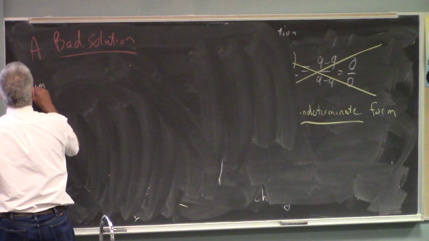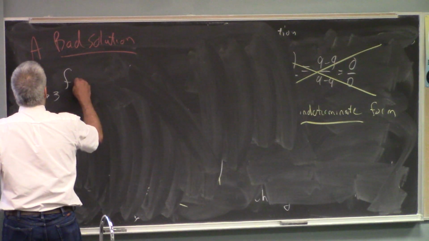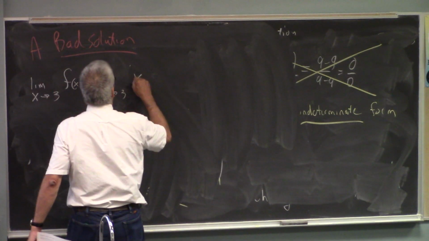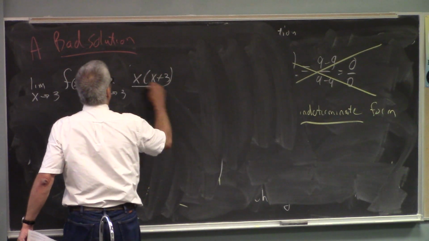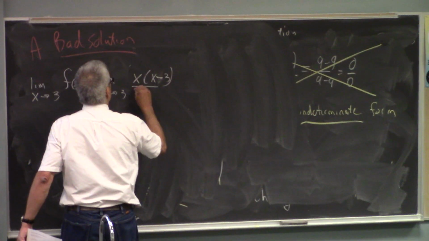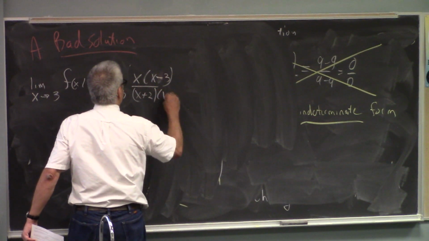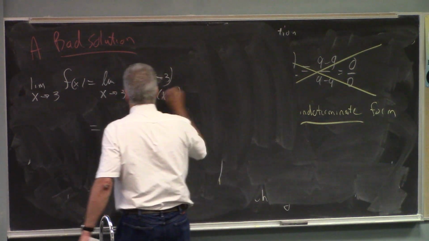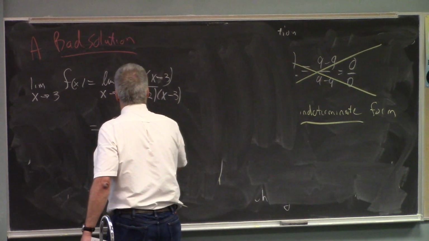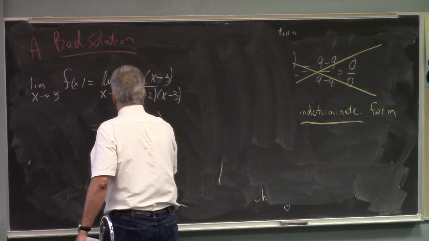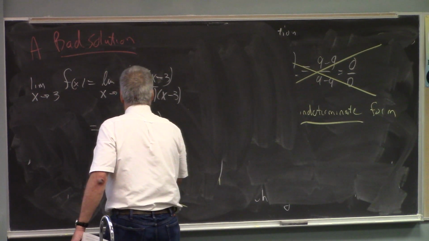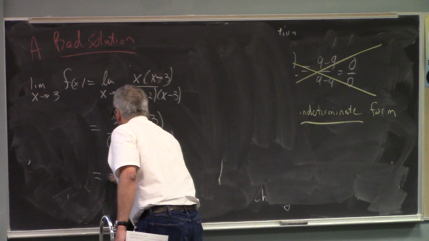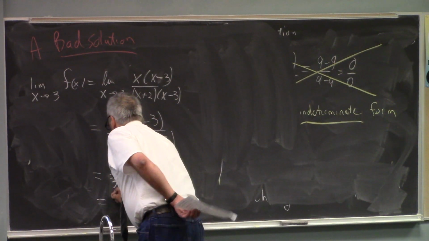The limit as x approaches 3 of f of x equals the limit as x approaches 3 of x times x minus 3 over x plus 2 times x minus 3, equals 3 times 3 minus 3 over 3 plus 2 times 3 minus 3, equals 3 over 3 plus 2, equals 3/5.